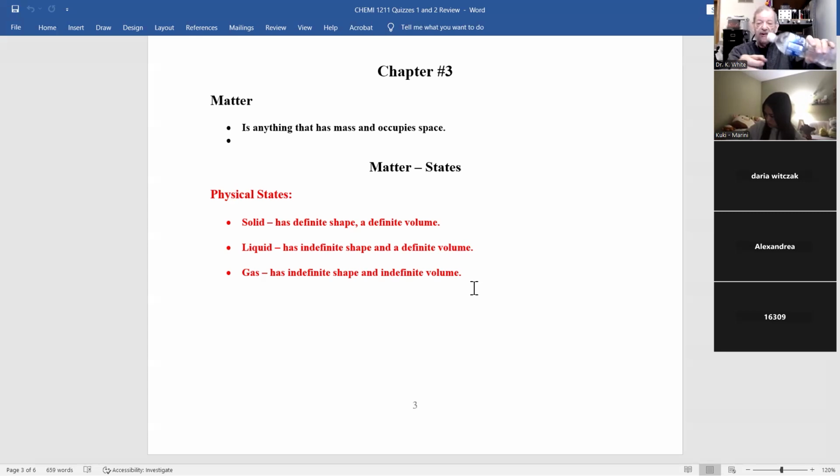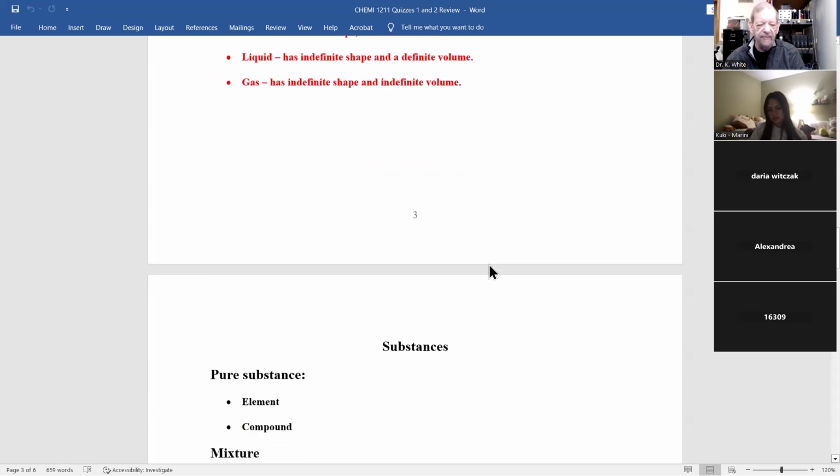That means if I poured it into another container, it would take the shape of the container, but the volume that we can measure would not change. Finally, a gas, and all around us is air, which is a gas, has indefinite shape and indefinite volume. You should know the three states of matter and their definitions.